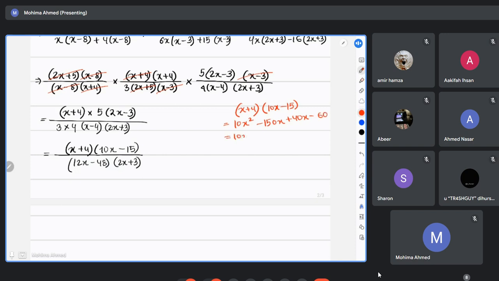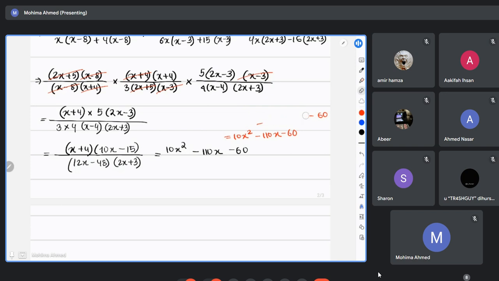So eventually we're going to get 10x squared, 140, and will be 110, negative 110x minus 60. So in the numerator, you're supposed to get 10x squared minus 110x minus 60. Okay, this is what you get in the numerator.